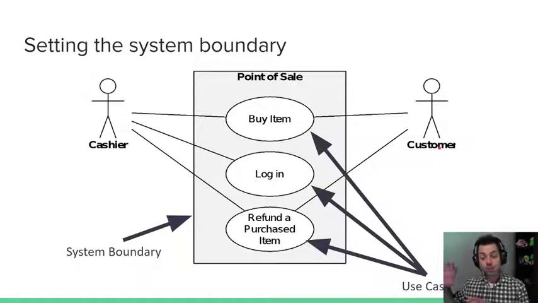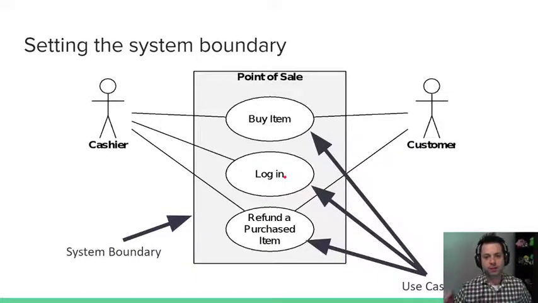Now, if you want to include other functionality, there's no reason you can't reuse use cases, right? Like if I have a point of sale system and I want to include the warehouse, I'm probably going to have a login bubble in multiple diagrams, because we share a common login function. Nothing wrong with reusing use cases.